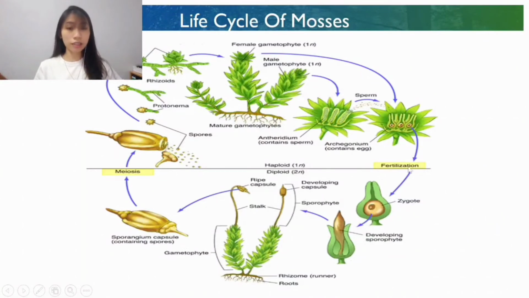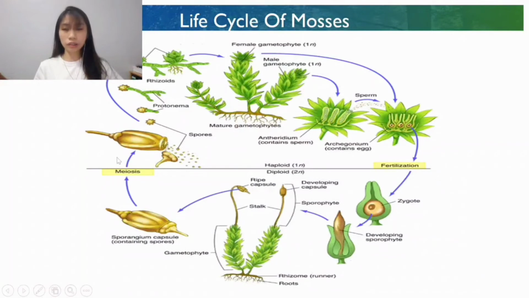During fertilization, the sperm will swim to the egg to produce this zygote, and this structure is the archegonia. The zygote will grow into the sporophyte, and later the sporophyte will mature, and it will produce the stalk and this capsule. And the capsule contains sporangium, and in this sporangium it contains spores.